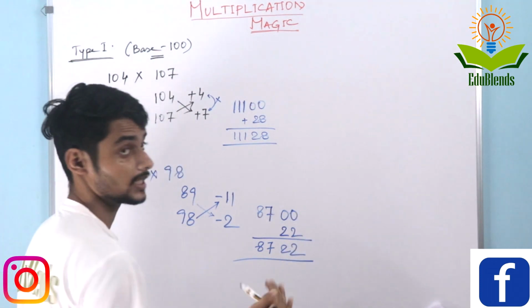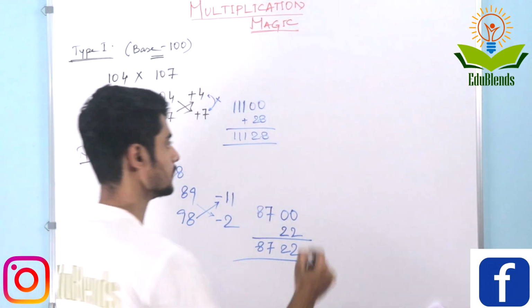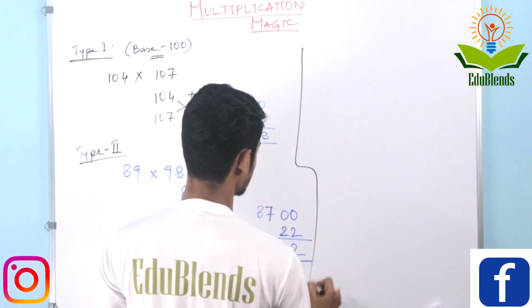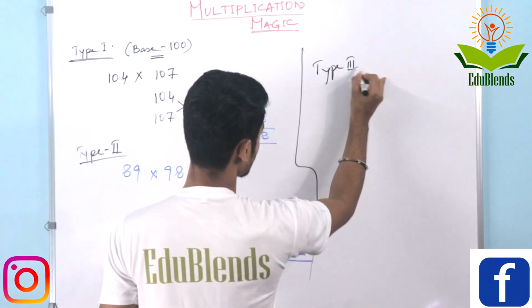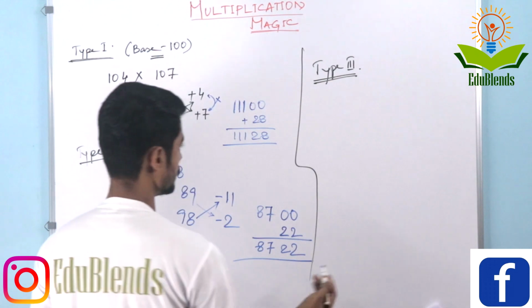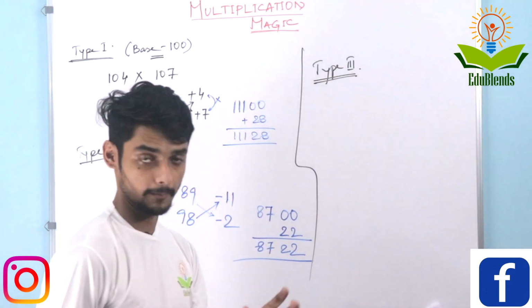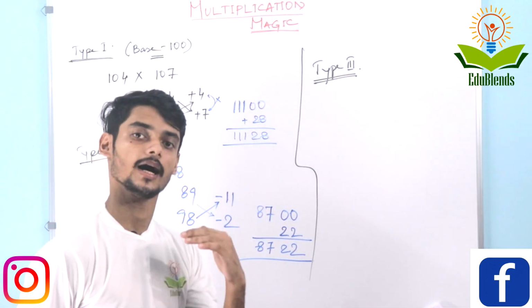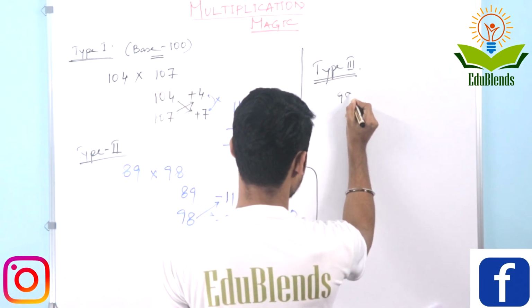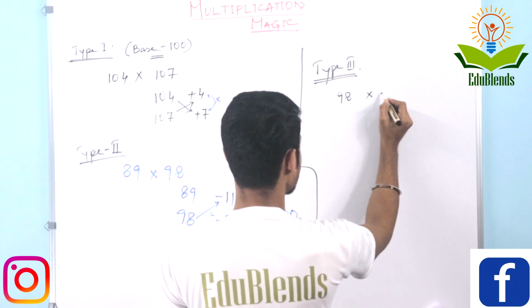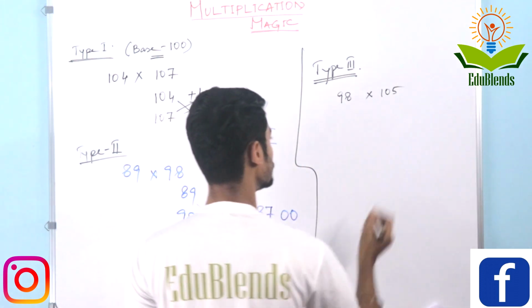Now moving to the third category, that is type 3. Type 3. Now one number is less than 100 and the other number is greater than 100, like 98 into, say, 105, okay?